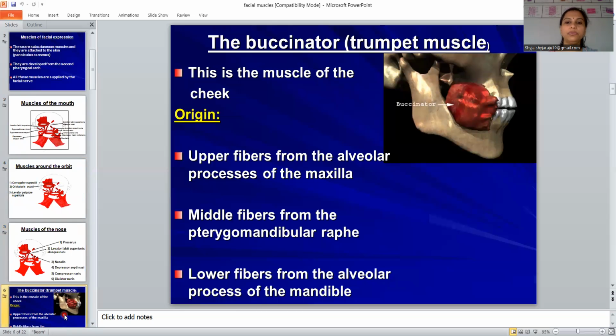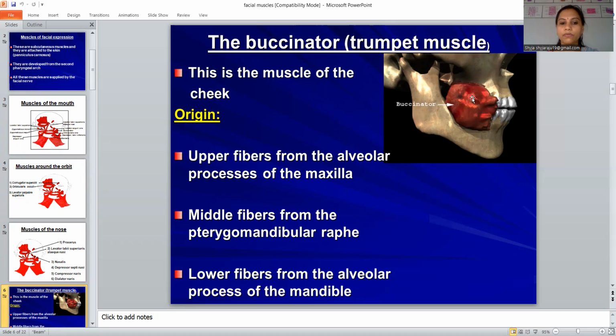So we will come to the details of the buccinator muscle. You can see here in this picture, where is the buccinator located? It is located here, at the region of the cheek, and it has three parts of origin: the upper fibers, middle fibers, and the lower fibers.